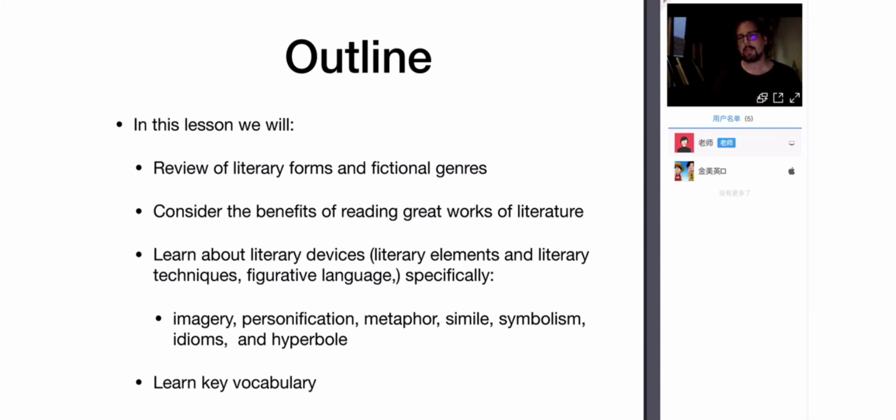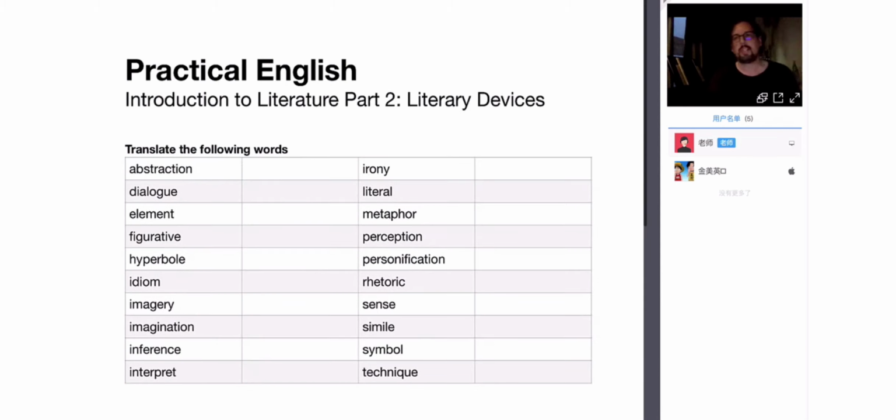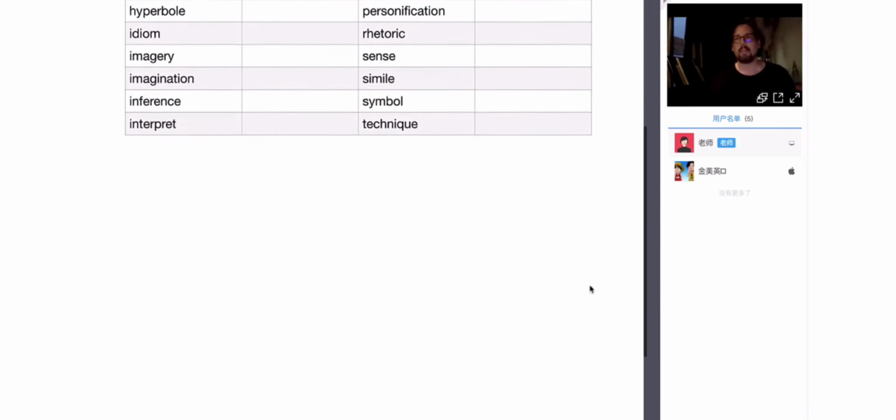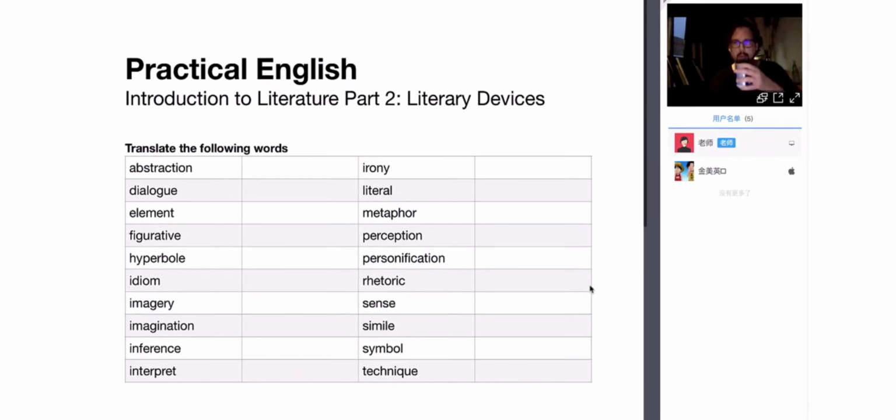These are the terms we would like to cover today: abstraction, dialogue, element, figurative, hyperbole, idiom, imagery, imagination, inference, interpret, irony, literal, metaphor, perception, personification, rhetoric, sense, simile, symbol, and technique.